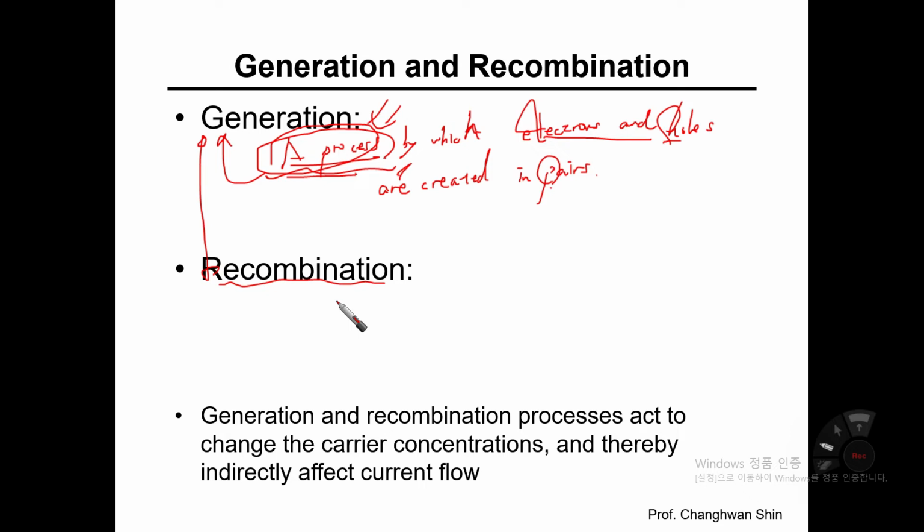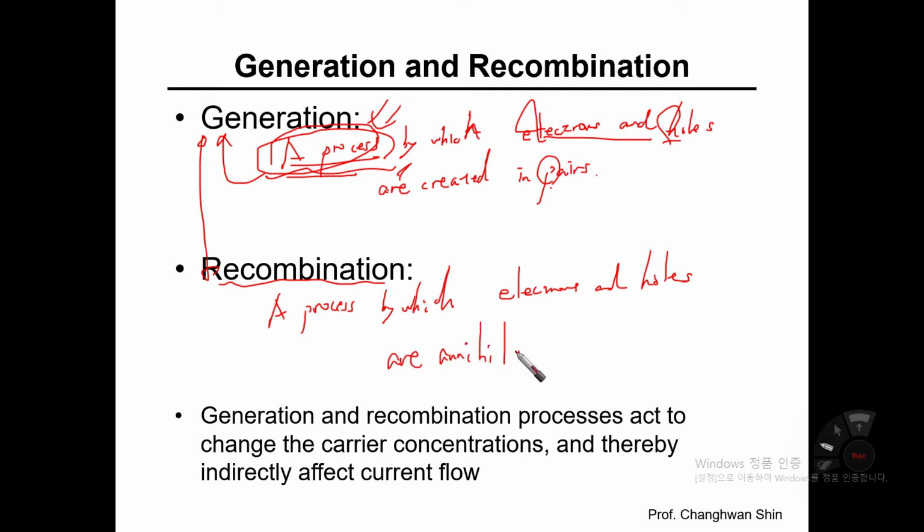Now you can write down the definition of recombination. Recombination is another process by which electrons and holes, those two carriers, are recombined, in other words annihilated, or simply speaking, killed, or removed in pairs.